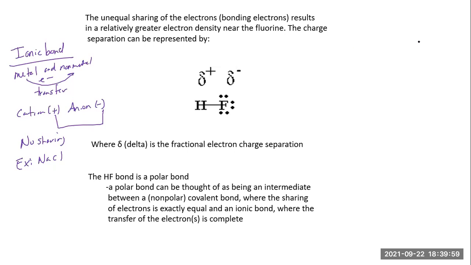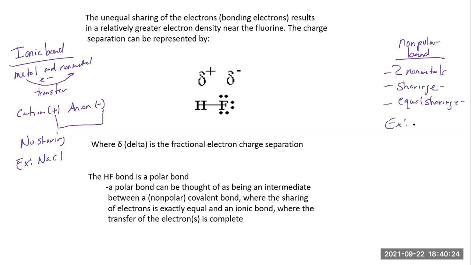On the other end of the extreme, we have a nonpolar bond, or again, a nonpolar covalent bond. That is between 2 nonmetals. There is sharing of electrons, and more importantly, there is equal sharing of electrons. Examples are a couple we saw, H2, F2.